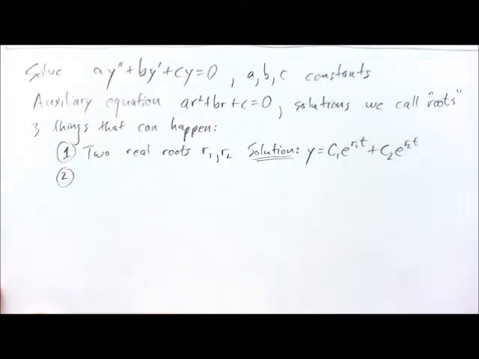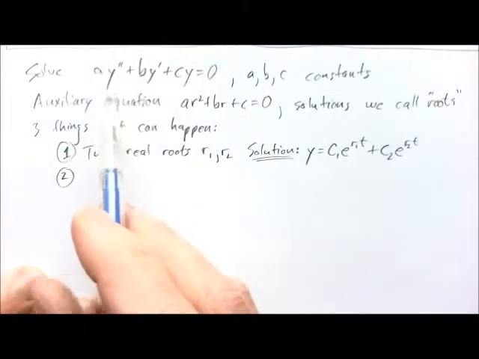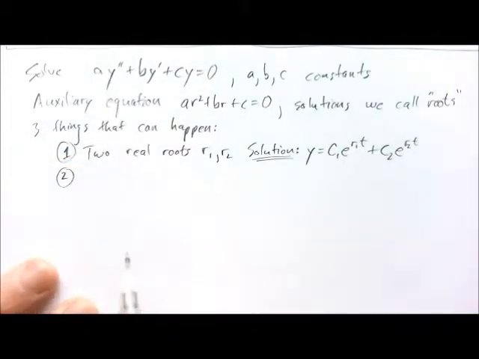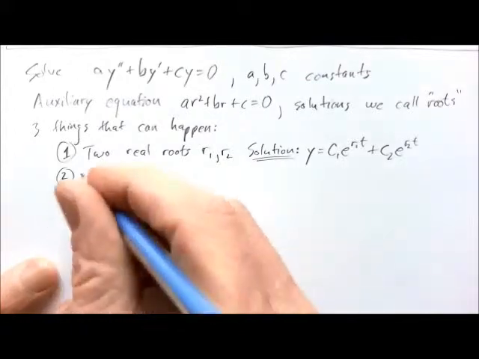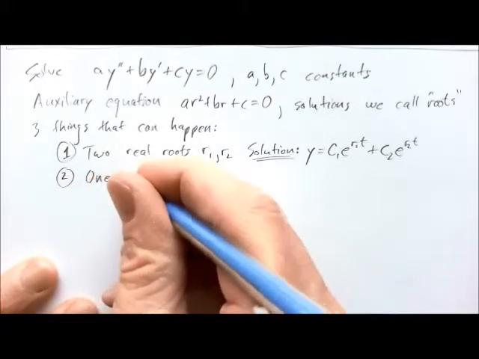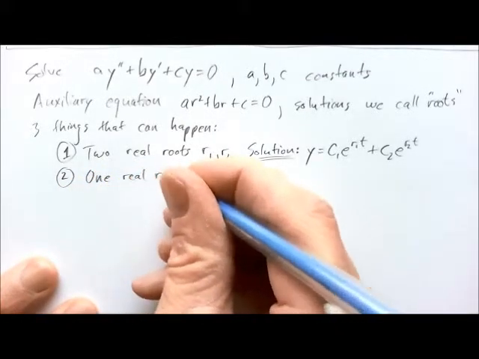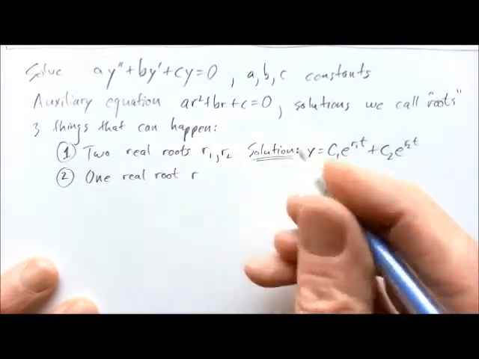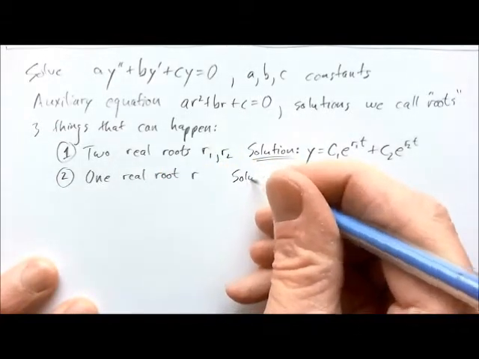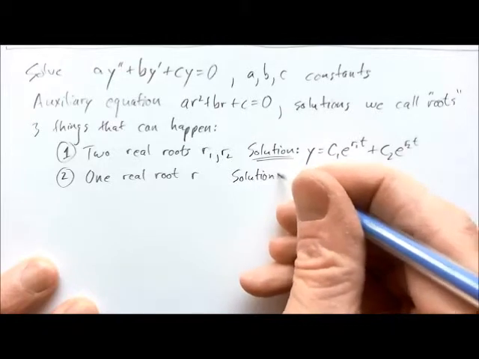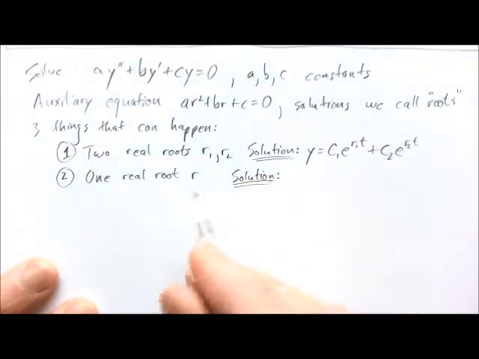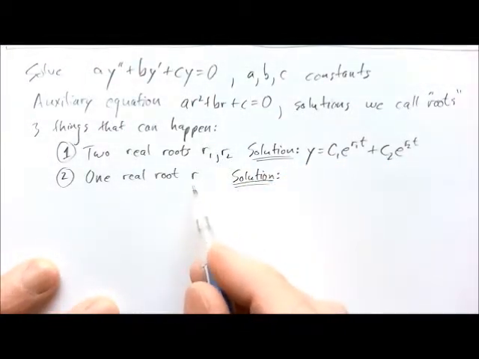The second thing that can happen is if when we factor, both factors come out the same, then we have one real root. So if we have one real root, r, then the solution has to have two parts, and yet we only have an e to the rt.